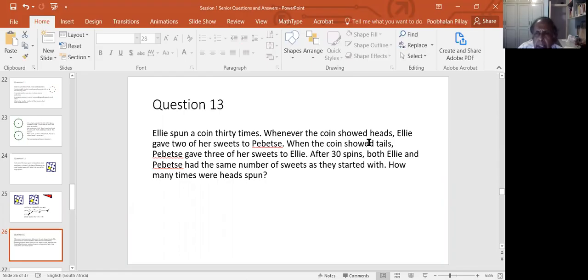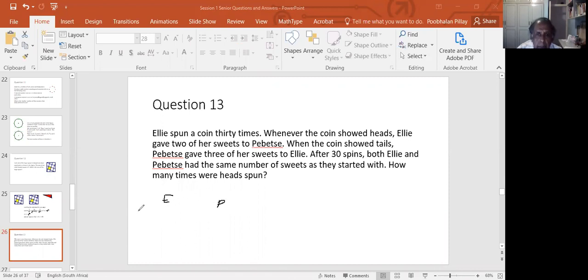Whenever the coin showed heads, Ellie gave 2 of her sweets to Pebetse. So Ellie and Pebetse are playing some kind of a game, and they toss a coin. So let's see what's going on here. Ellie and Pebetse.